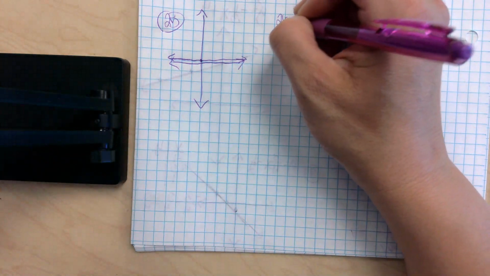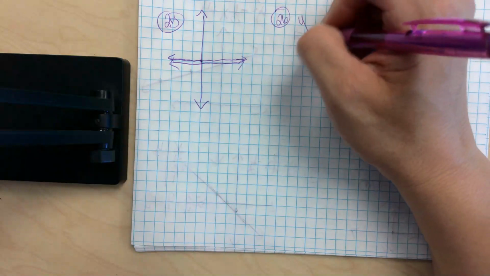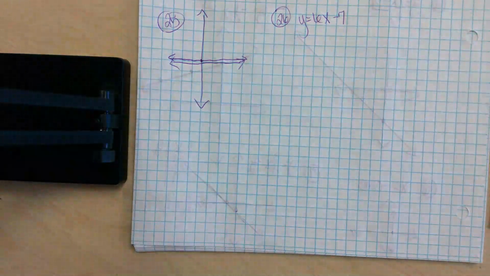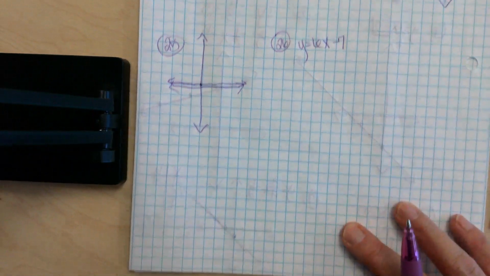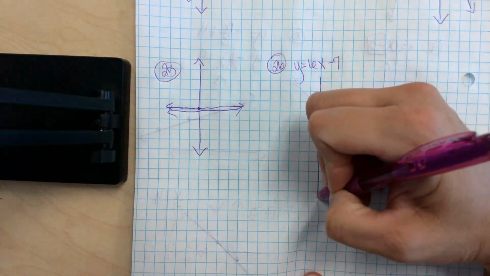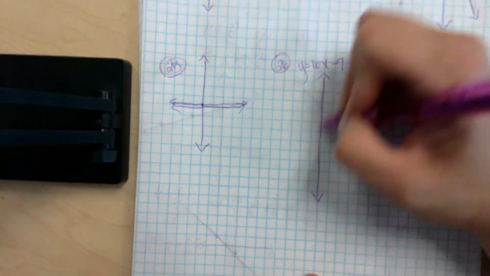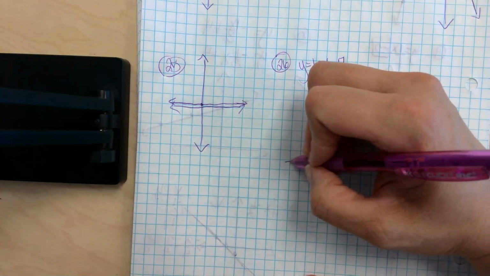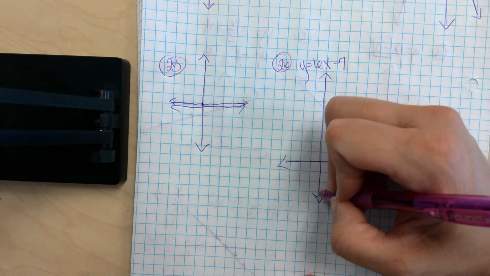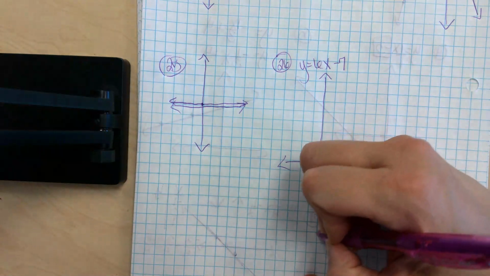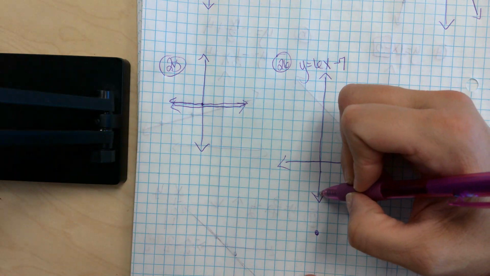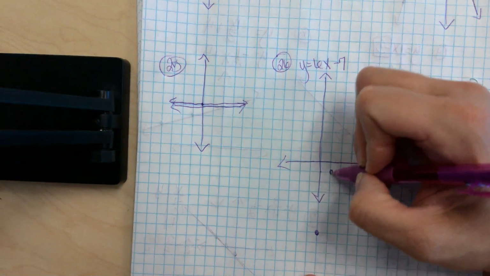On number 26, we have y equals 6x minus 7. So when we're graphing the linear equation, where do we start? -7. 1, 2, 3, 4, 5, 6, 7. Up 6 over 1.